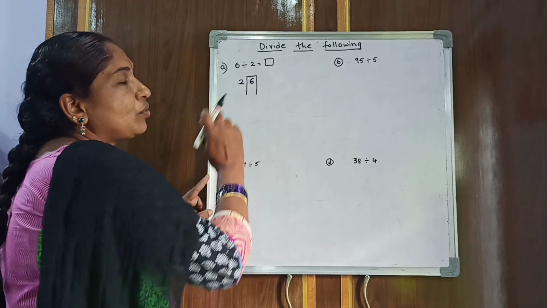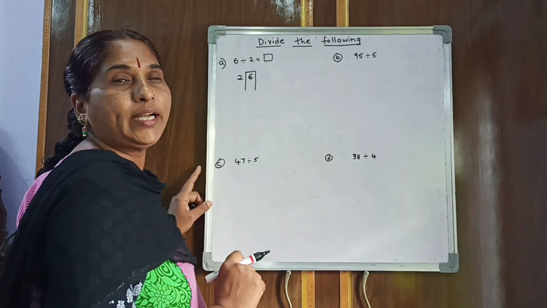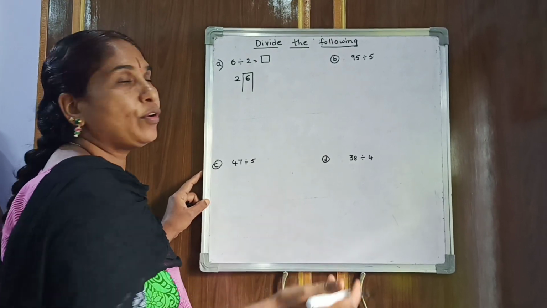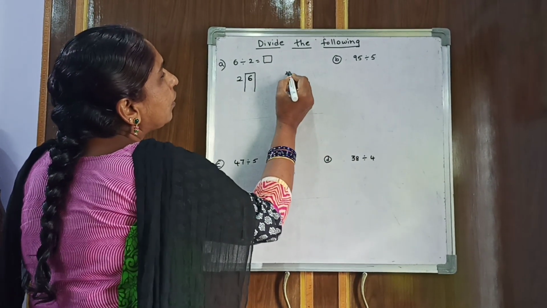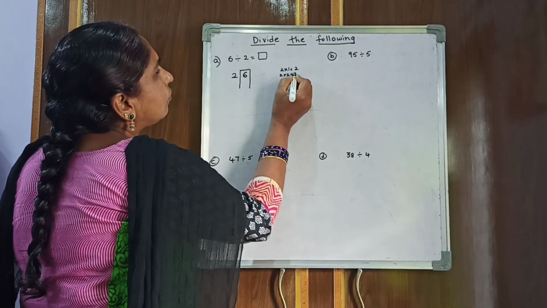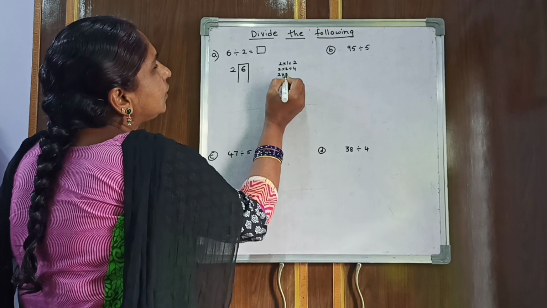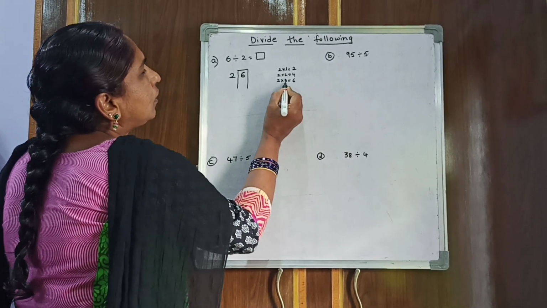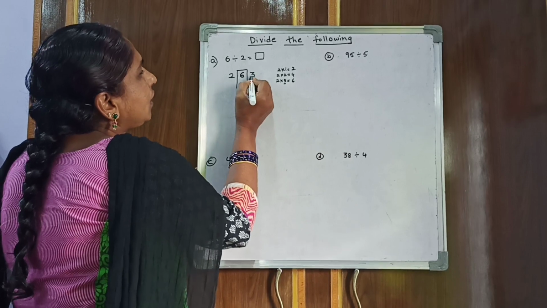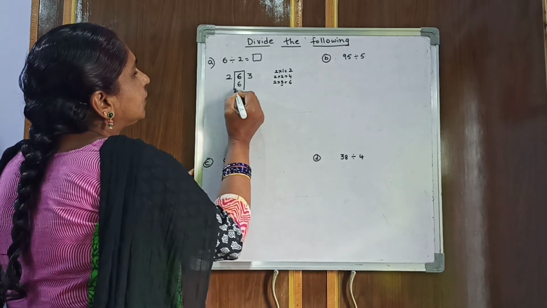If you know the 2 table, you can write directly: 2 1s are 2, 2 2s are 4, 2 3s are 6. But if you don't know, you can write the table here. 2 how many times? 3 times. 2 3s are 6.